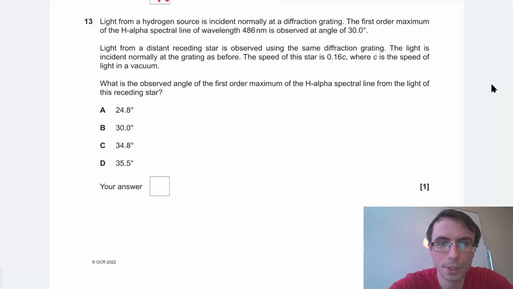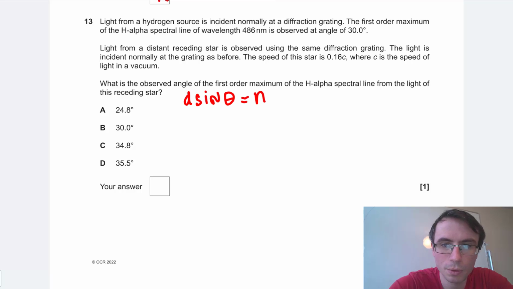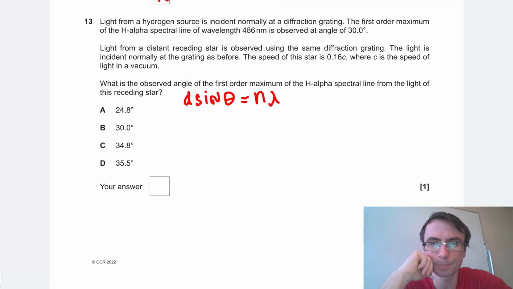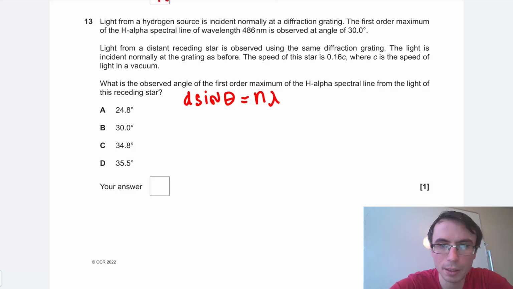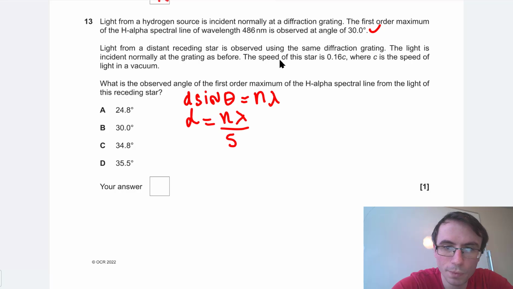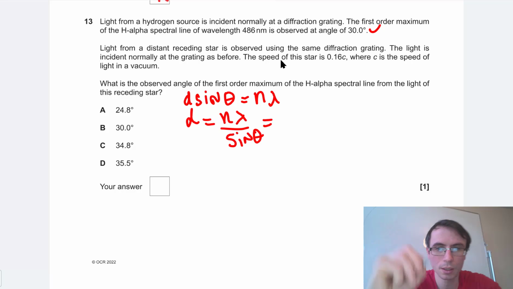The first order, okay, so I'm going to write d sine theta is equal to n times lambda, is observed at an angle of 30 degrees. So we know the angle, don't we? Yep, we know the angle, we know the wavelength, and we know the order, so I can say that d will be equal to n lambda over sine theta.